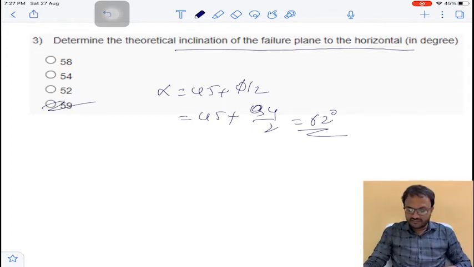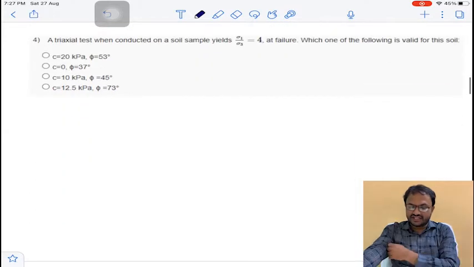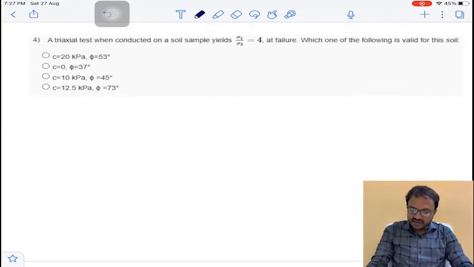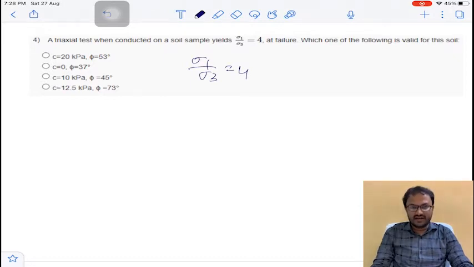Okay. Next. A triaxial test when conducted in a soil mass yields sigma 1 by sigma 3 ratio, that is major to minor principal stress, of 4 at failure. Which of the following will result? So obviously he has not given much information. So I am taking sigma 3 is equal to 100 and sigma 1 will become 400.